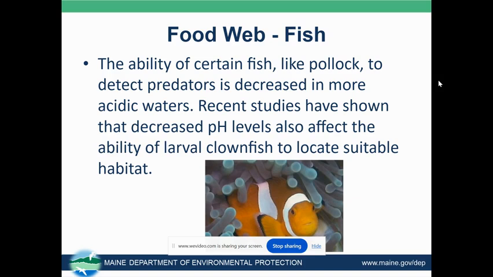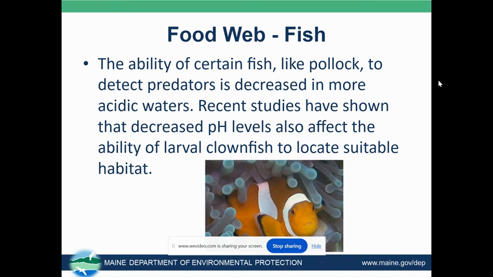So, some fish are not able to detect predators in these waters that have a lower pH. So the sensory organs of the fish, like their sense of smell, so to speak, or their ability to detect electrical signals is not as sharp in these lower pH waters.